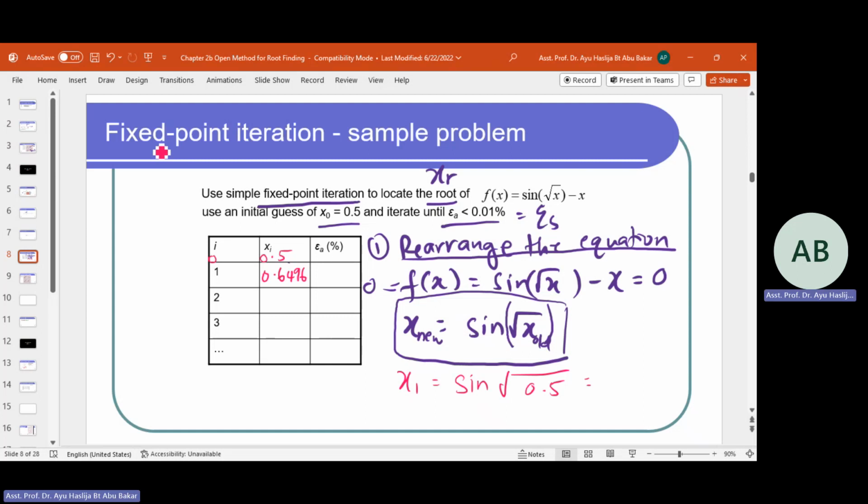So for the second iteration here, x2, yours will be sine square root of the x1 value. So you get 0.7215.